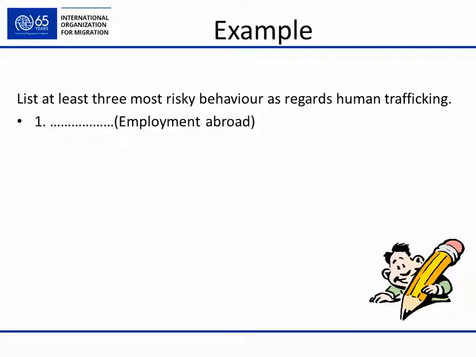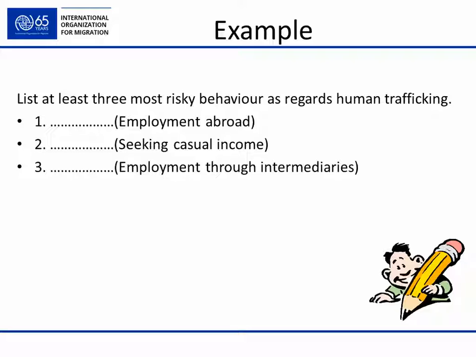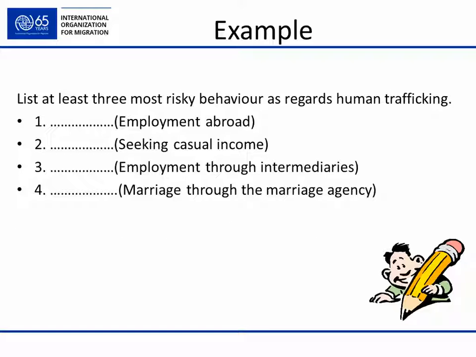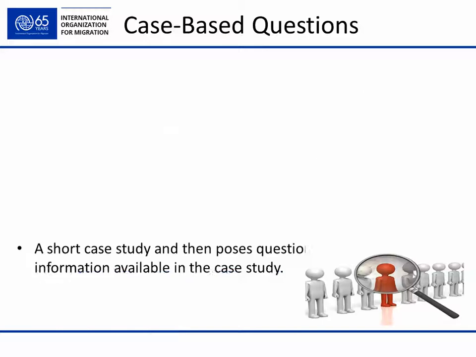This can be 1. Employment abroad, seeking casual income, employment through intermediaries, marriage through the marriage agency. So in any case, whatever participant answers, if it's correct, then the question is assessed as correct.